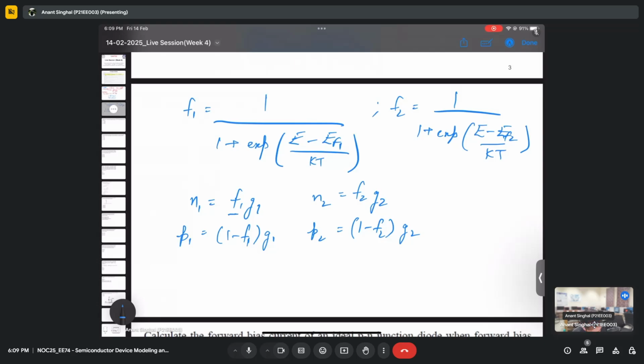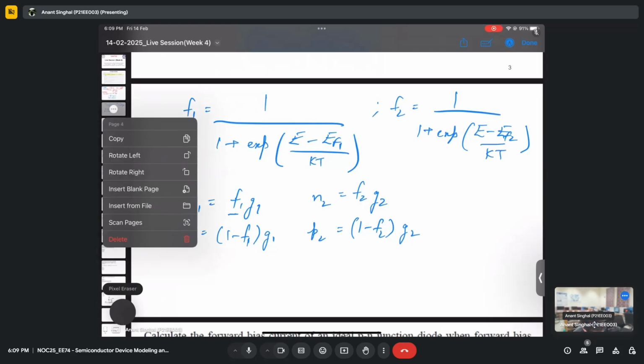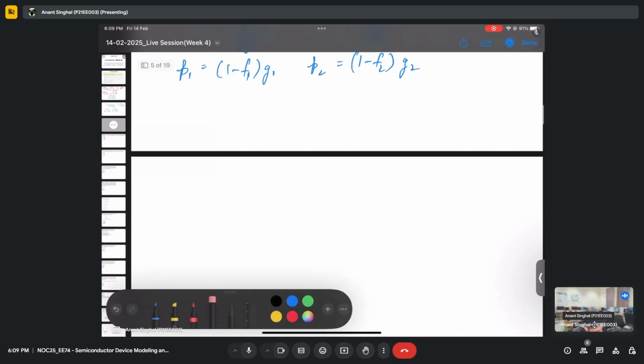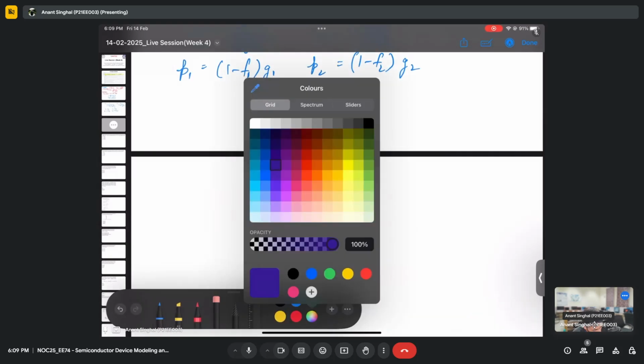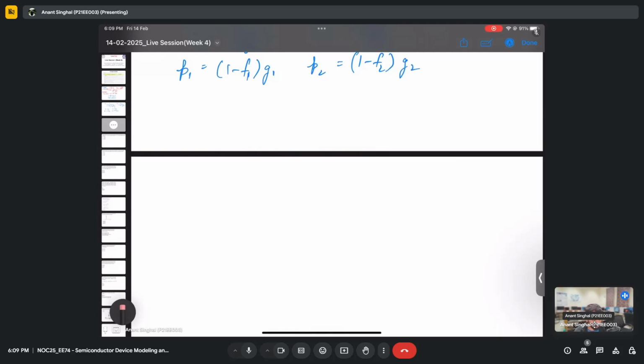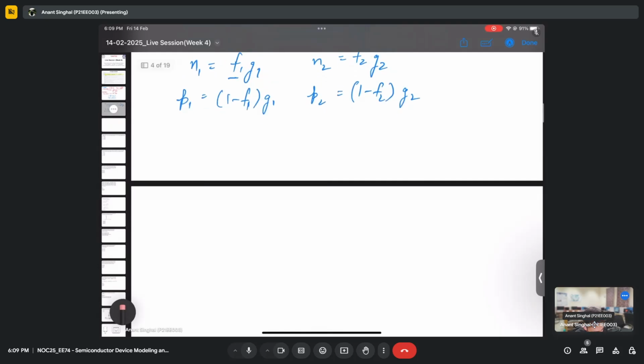Now, from basic physics, we know that at thermal equilibrium the flux is constant. I mean the flow of material, or the flux from left to right in a material, is constant. So flux is nothing but the electron concentration multiplied by the hole concentration at the opposite end.